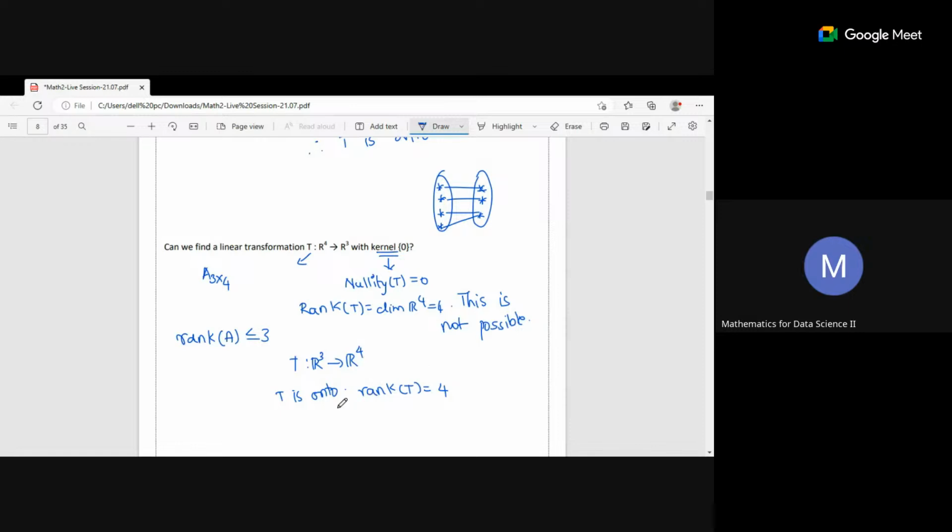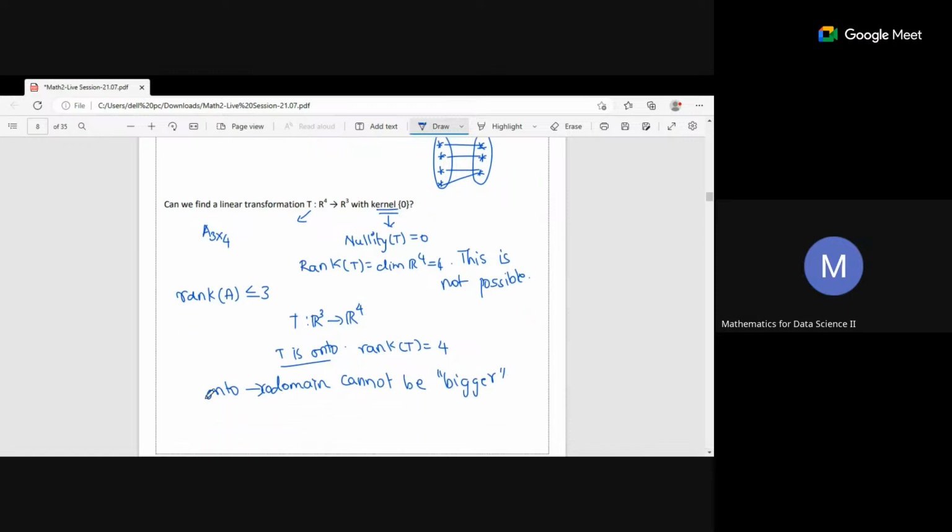Maybe you say if T is onto, it is not possible when the codomain is bigger. Bigger means the dimension is greater. And for 1 to 1, the domain cannot be bigger. That's all you need to remember or understand.